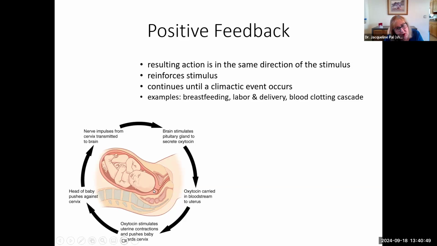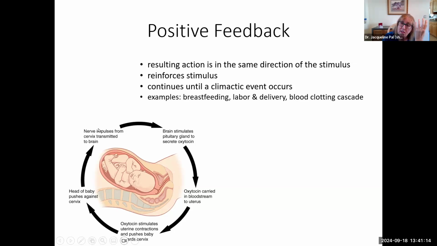And it drops and drops and drops to the time when the baby's head is pushing against the cervix of the uterus. It pushes so hard down there that nerve impulses from the cervix are transmitted to the brain of the mother, and the brain stimulates the mom's pituitary gland to secrete a hormone known as oxytocin.